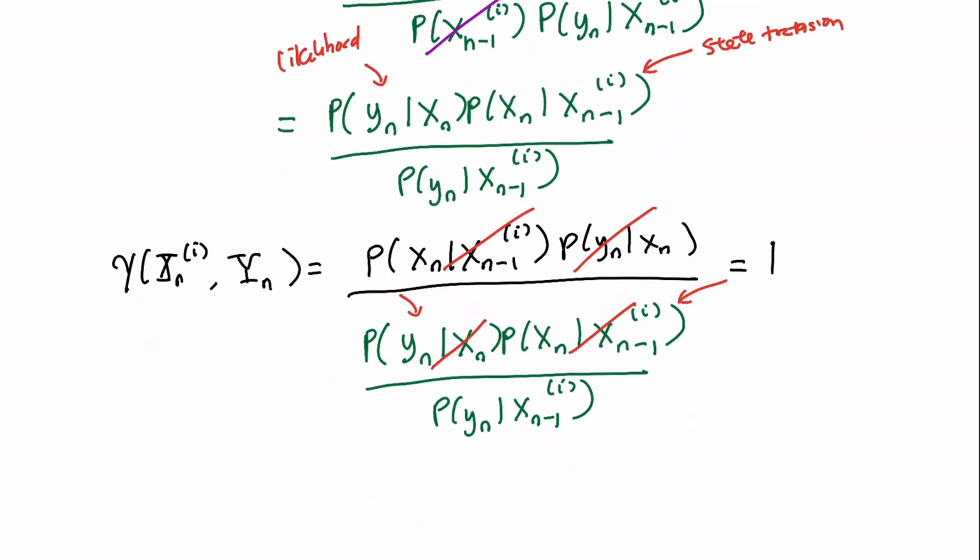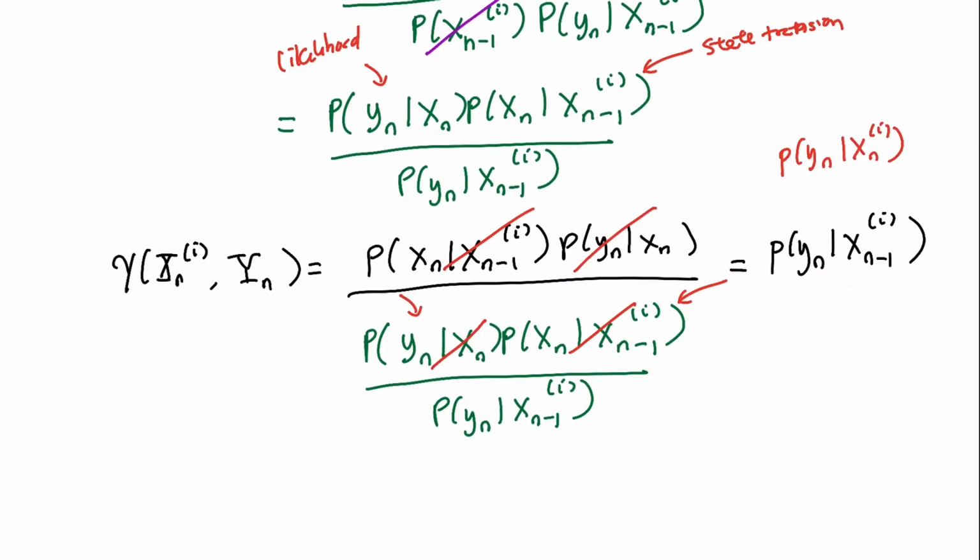So now I know that my weight update, instead of being the likelihood, the probability of y_n given x_n, is going to be this, which is a conditional distribution. It doesn't have a name. It's the probability of the measurement at time n given the state at time n minus 1.